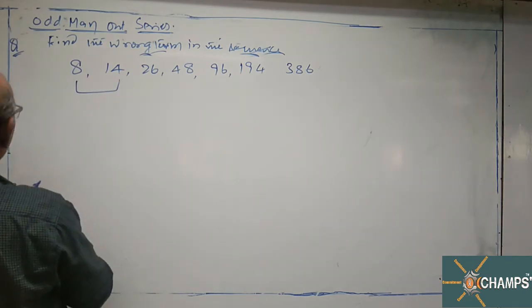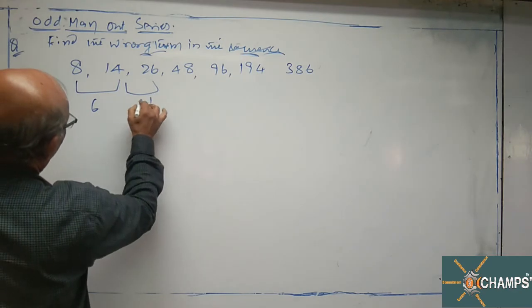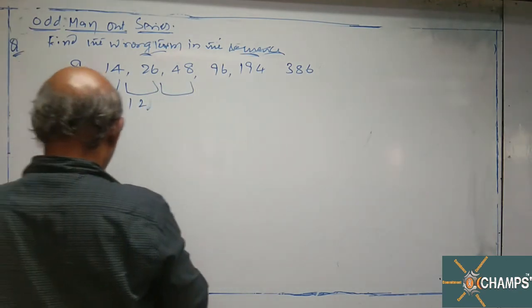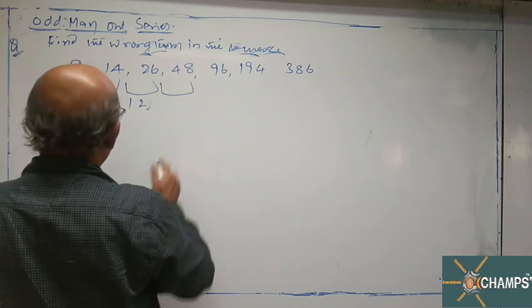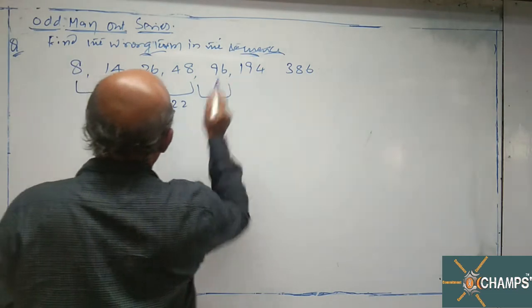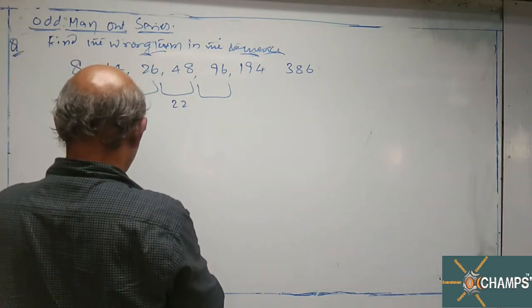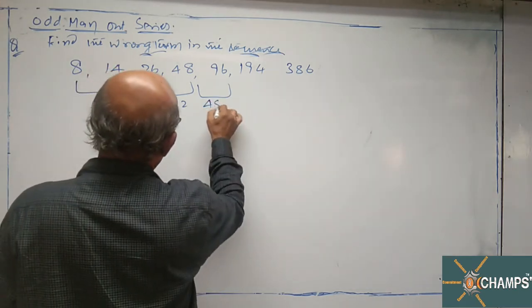14 minus 8 is 6. 26 minus 14, 12. 48 minus 26, 22. Then 96 minus 48 is 48.